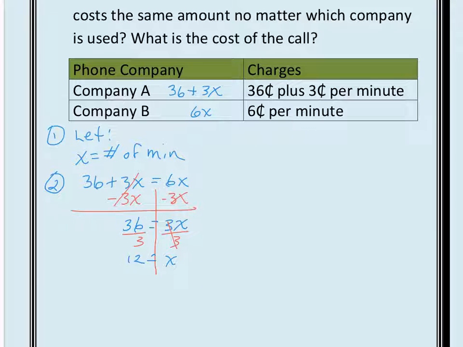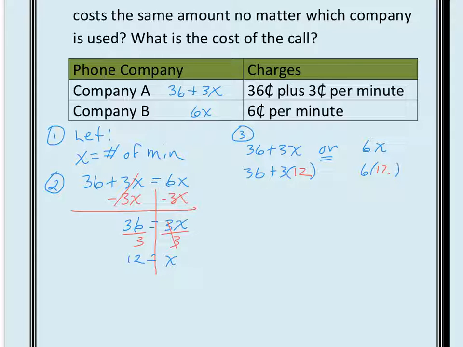That means that if we talk for 12 minutes, the cost for company A is identical to the cost for company B. And the last part of the problem is, what is the cost of the call? Well, it doesn't matter whether you plug it into 36 plus 3x or 6x. They should both give you the same answer. So let's plug it into both, and I'll prove to you that it doesn't matter which one. So we're going to plug in the 12 minutes into each of these.